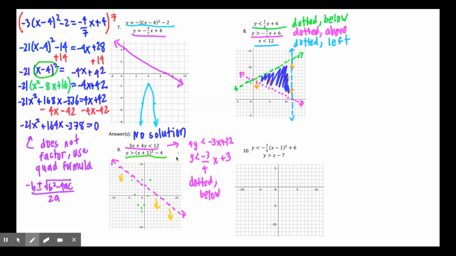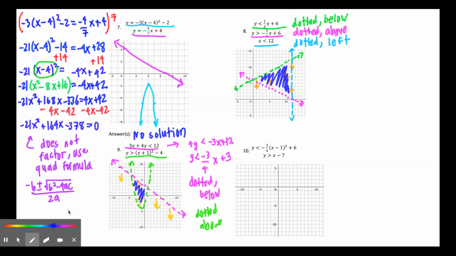And then this one is dotted and above. And then above is like here. So you can see the overlap is in this area. So that is the solution.